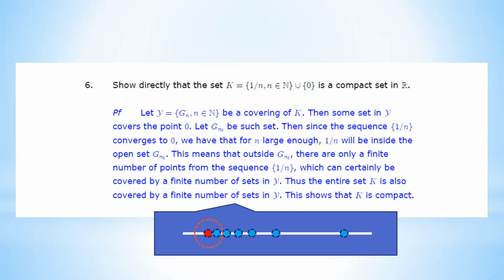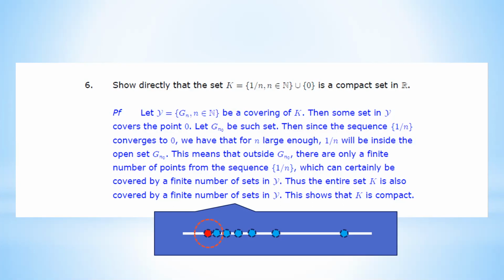So totally, they can be covered by a finite covering, including the first one. This means that the whole thing can be covered by a finite number of open sets in the family. So therefore, there is a finite subcovering. So this is how you prove this result.